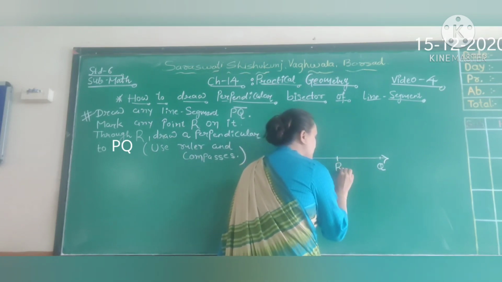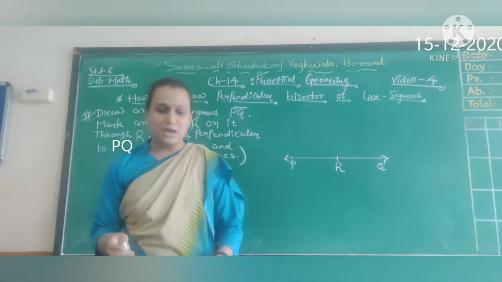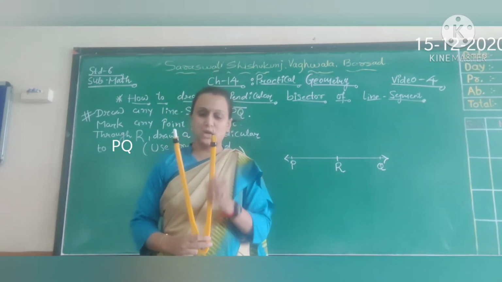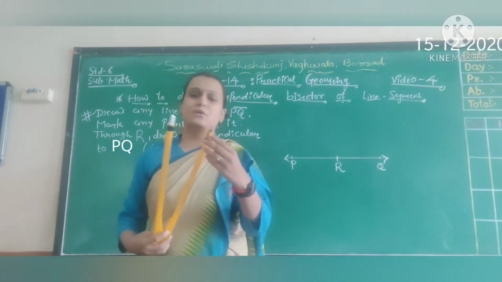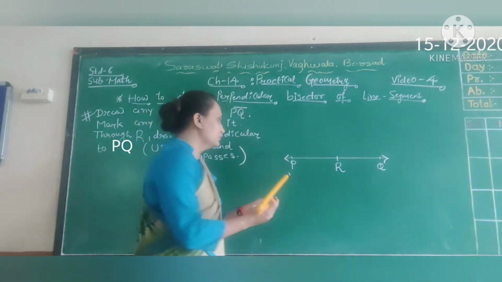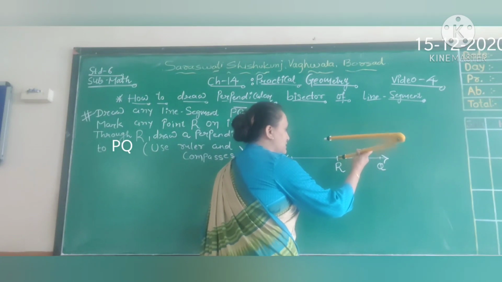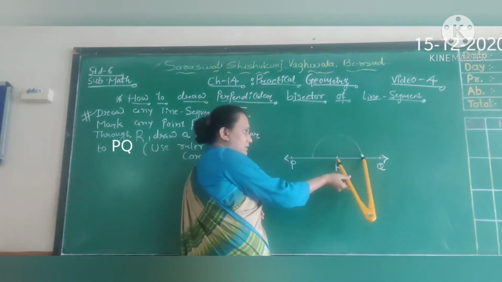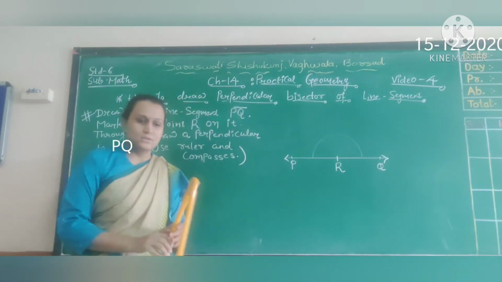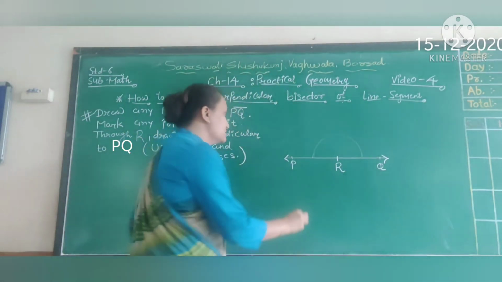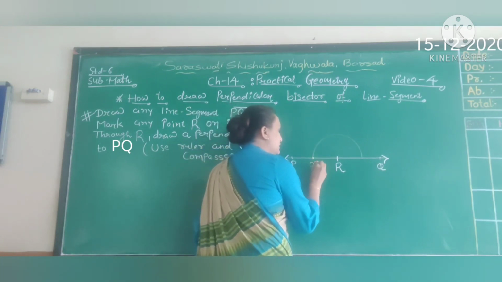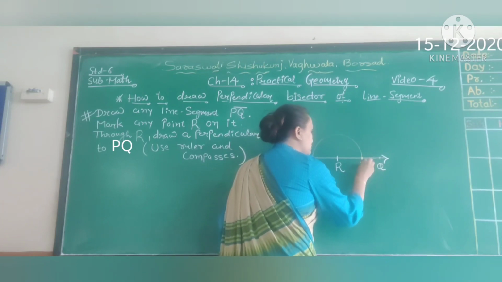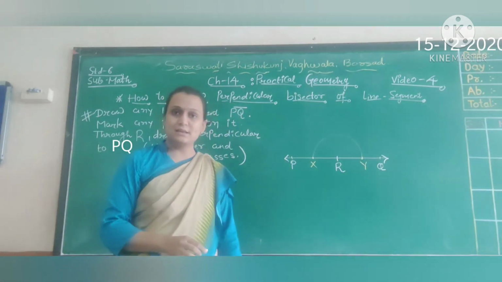This is your point R. In the same way, take a convenient radius with the help of the compass. Here I have taken approximately 4 or 5 centimeters. Now through point R, in the same way, construct a semicircle like this. Let us name the two points on the semicircle X and Y.